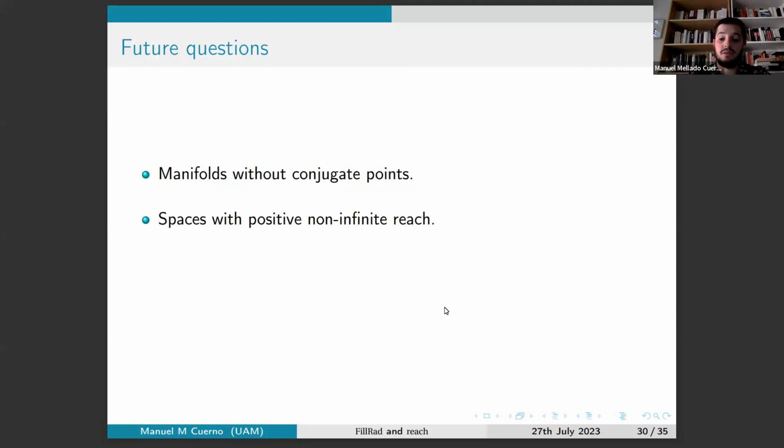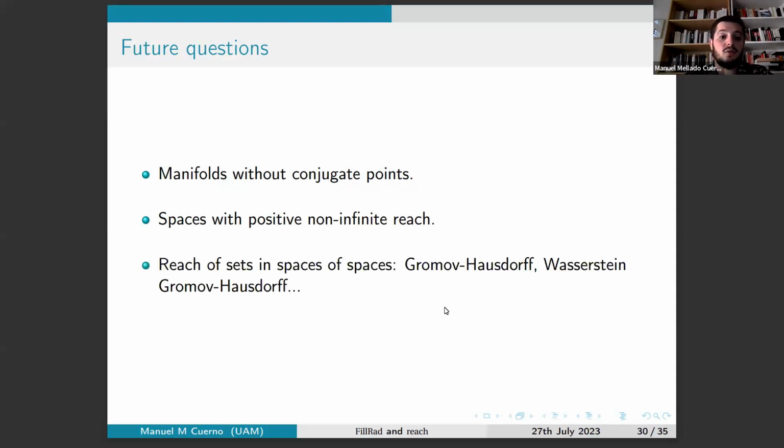We haven't found anything. And finally, we are trying to compute other reaches, but now we want to prove things in spaces of spaces, such as the Gromov-Hausdorff space, the Wasserstein Gromov-Hausdorff space, and things like that.